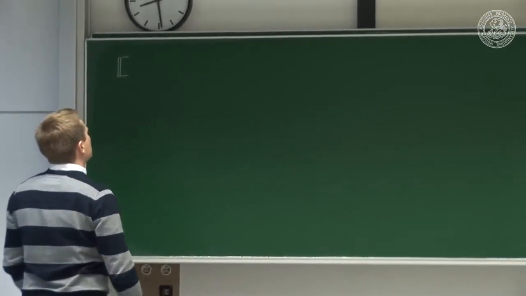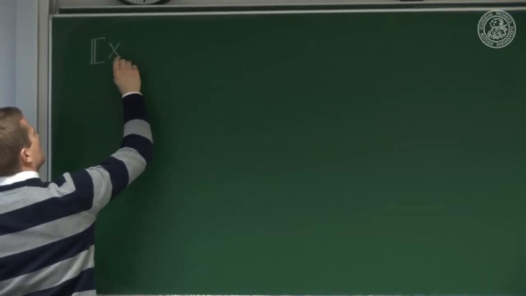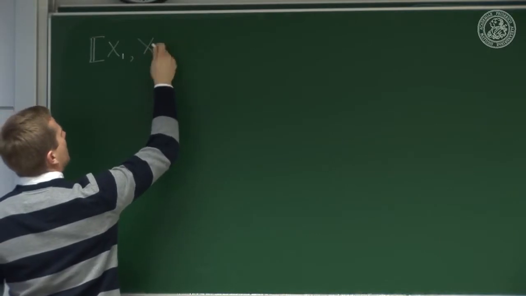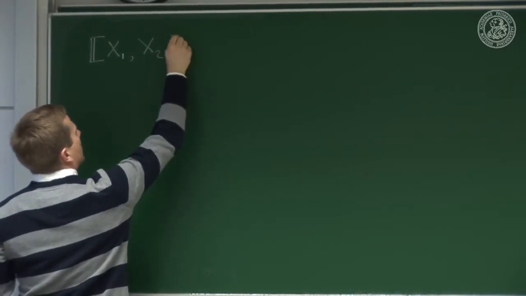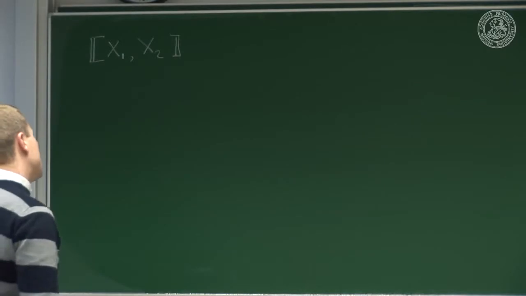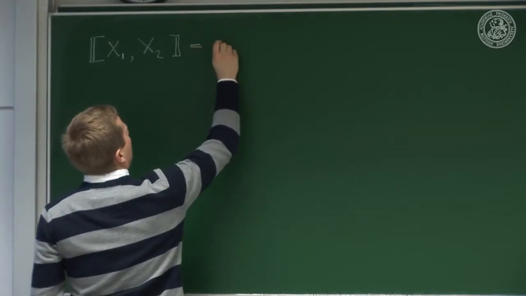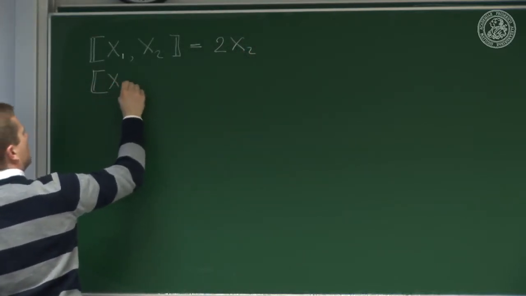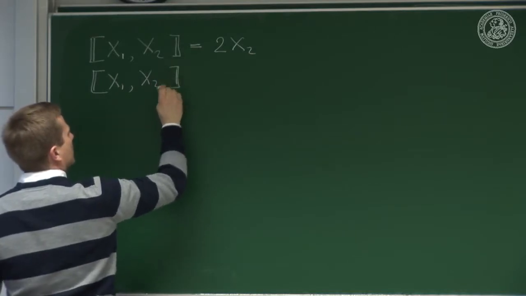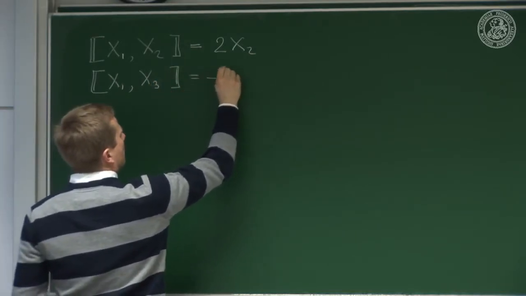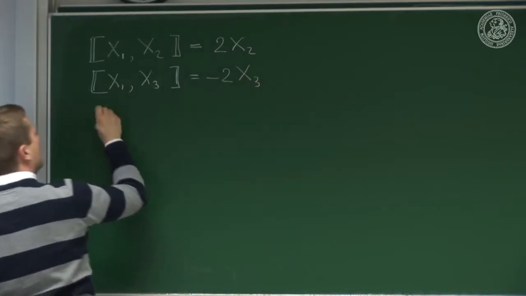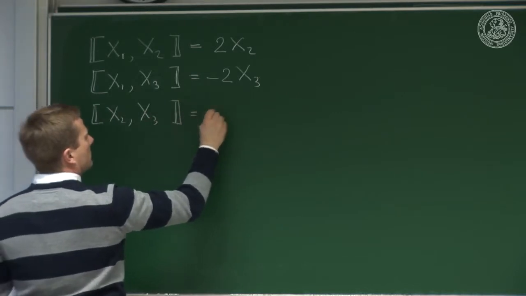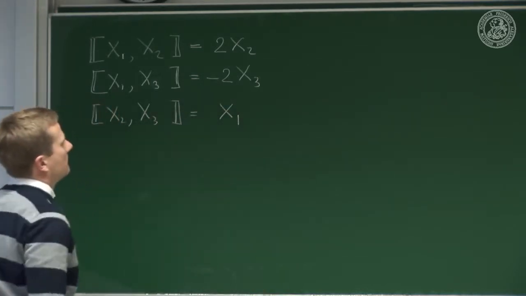And I now use the short notation x1 for the first vector d by dA at the identity, and x2 as d by dB at the identity. And this we found is 2 times x2, and x1, x3 we found is minus 2 x3, and finally x2 and x3 we found to be simply x1.